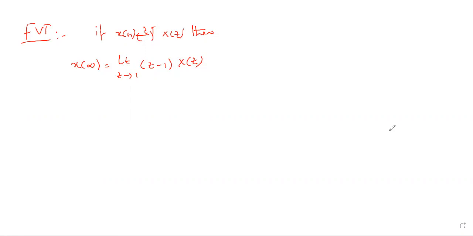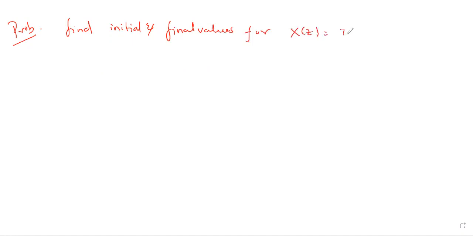Find the initial and final values for the following function: x of z equal to z square by z minus 1 into z minus 0.2. Let us see the solution.